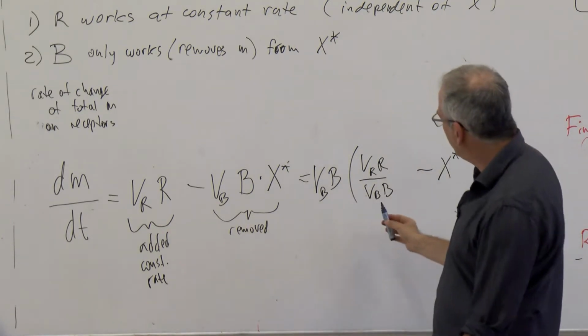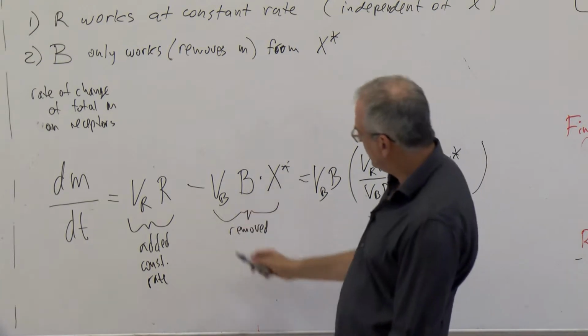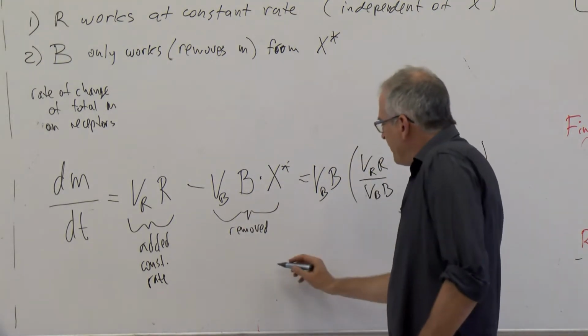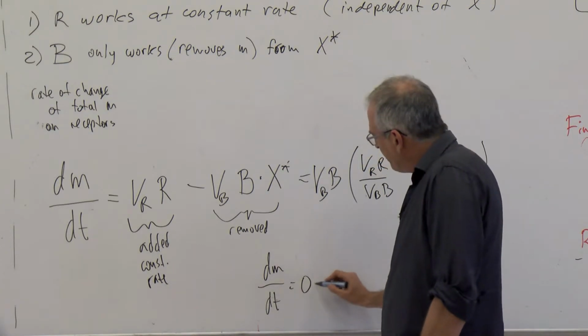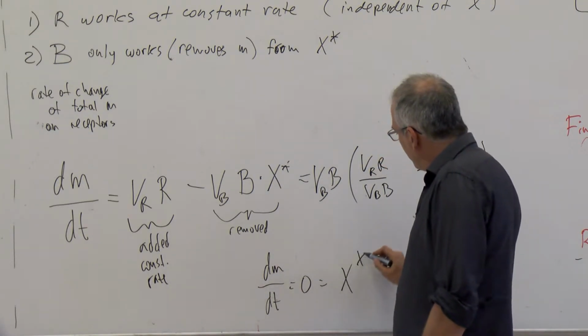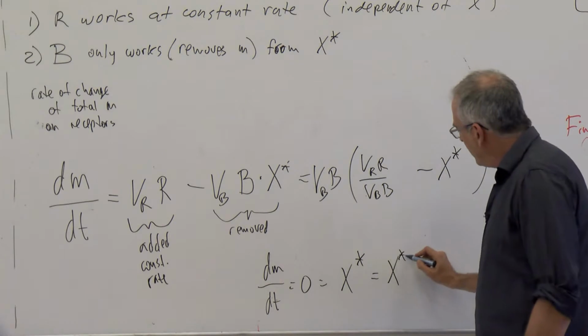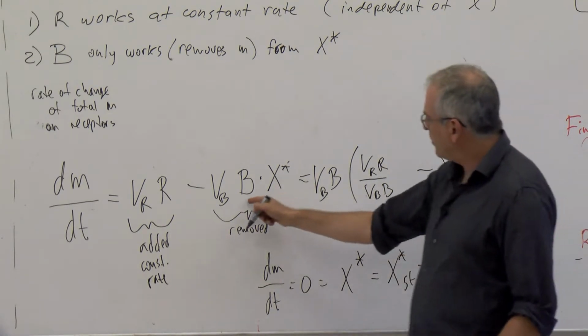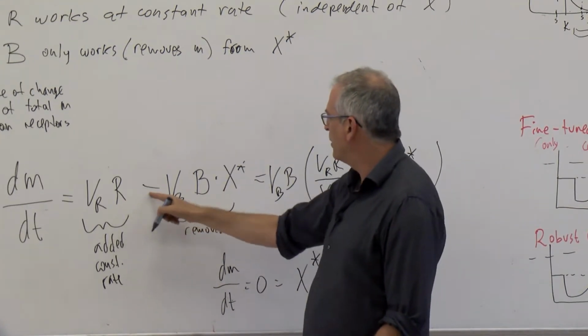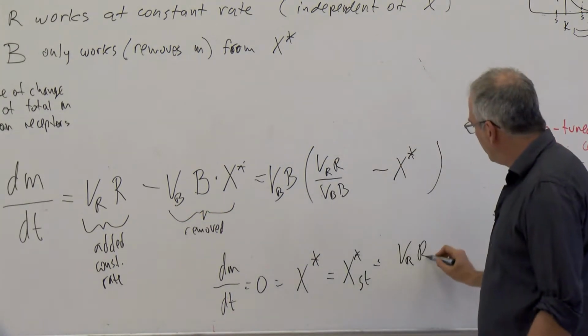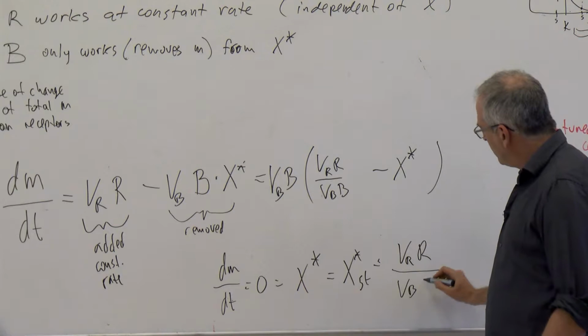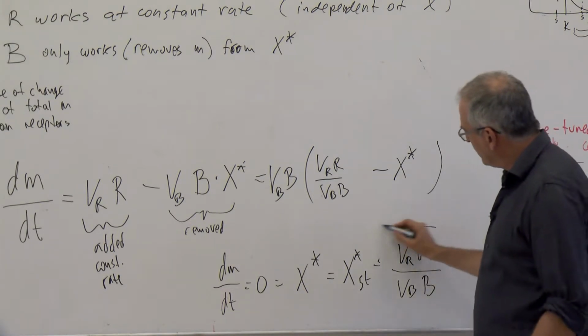The steady state of this equation, when dm/dt equals 0 and there is no more change in methylation, is when X star equals X star steady state. If you solve this equation, X star steady state equals VR R divided by VB B, basically the ratio of the action of VR and VB. So this is the steady state.